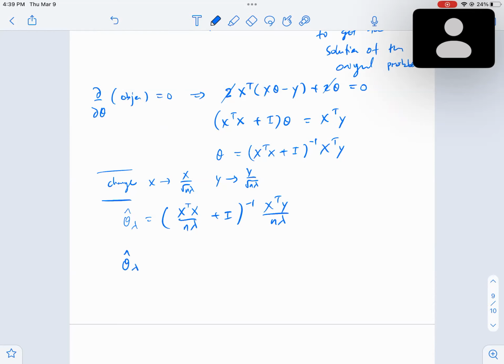And furthermore, I'm going to write this as, if I take lambda out, I move one lambda out, I get lambda inverse (x transpose x over n plus lambda I) inverse, and then x transpose y over lambda. So when it comes out, I take 1 over lambda out, I get lambda here, and then 1 over lambda comes out and I get lambda.